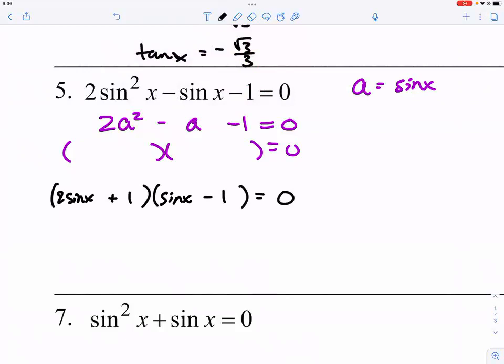So again, we would like to find the x values that make the statement true. In this case, we have 2 possibilities. One possibility is that this could equal 0. The other possibility is that this could also become 0.